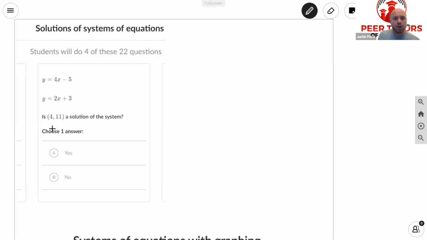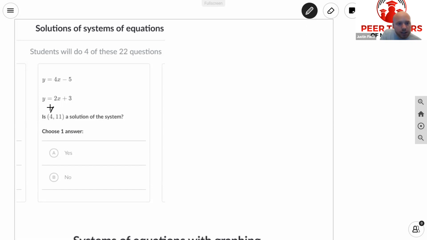You can always know when you have the right answer to a system because just like an equation, substitute it back in. So I have my 4, 11 is what they're asking me, is that the answer? So I know that 4 is an x value and 11 is a y value.